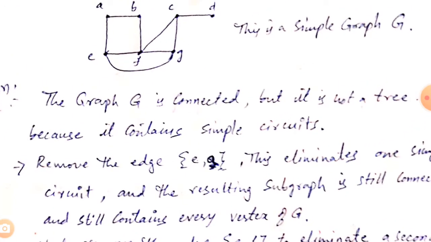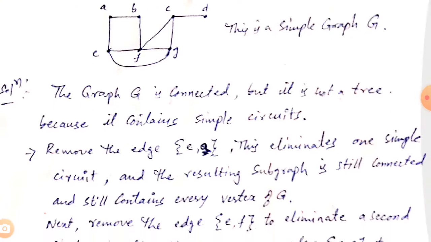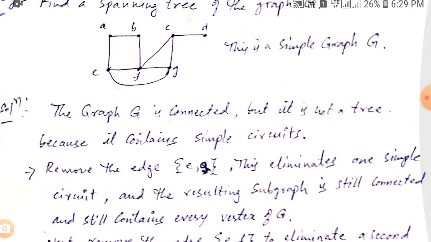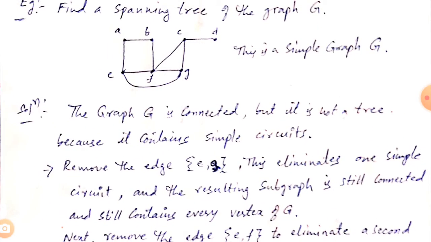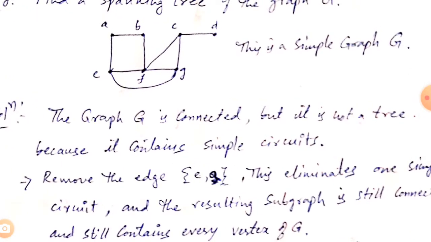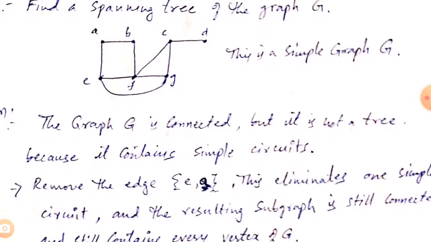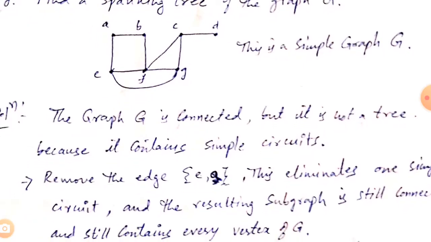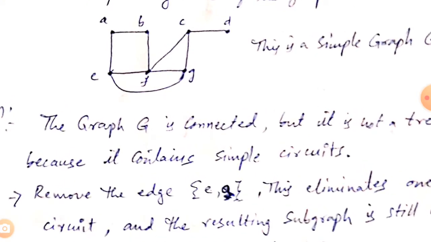It is not a tree because it contains simple circuits. To remove those simple circuits, we will call it a tree, and then it will become a spanning tree. For that purpose, if we remove a suitable edge, it cannot contain a circuit, and then it will become a tree as well as a spanning tree.